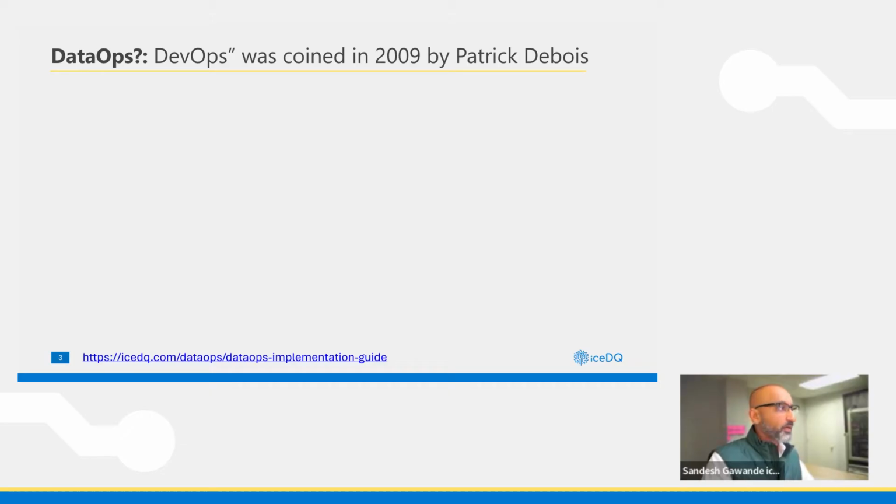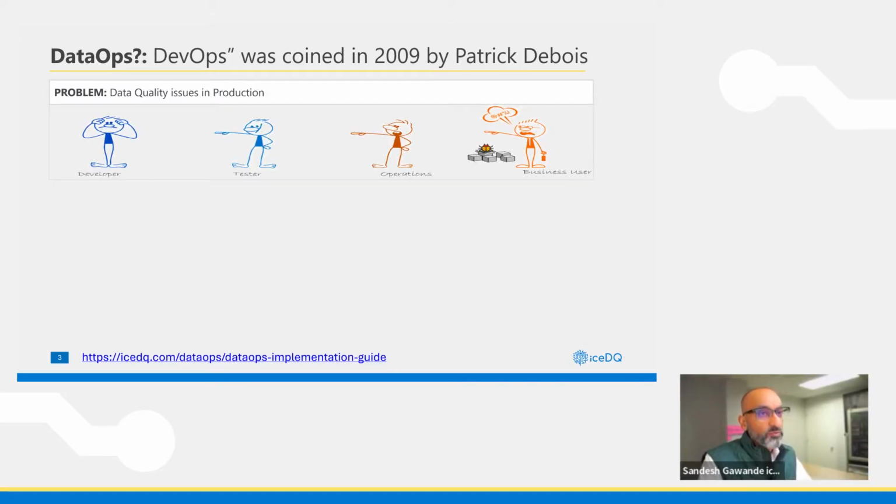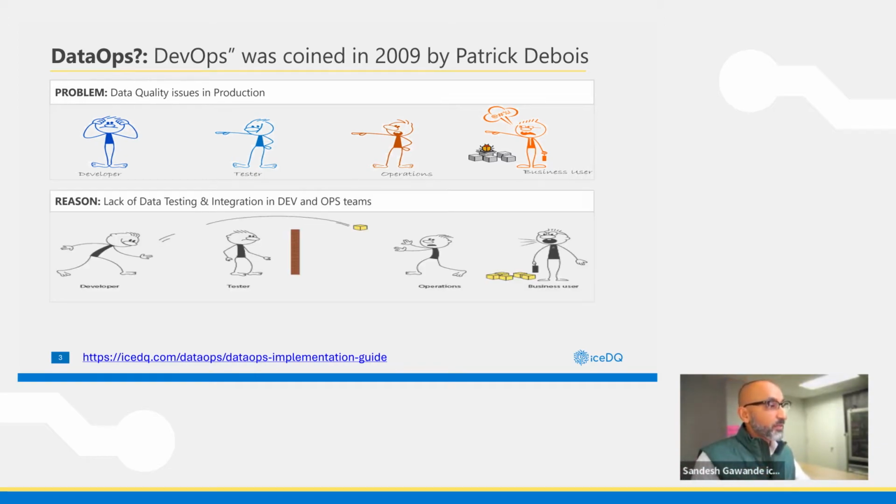Just to give a background, DataOps was coined in 2009 by Patrick DeBois, and his idea was, when we see issues in production, many times the reason is that the organization has not focused enough on testing. Because you have skipped testing, you have transitioned the code from your development area to production, and then there is an issue.